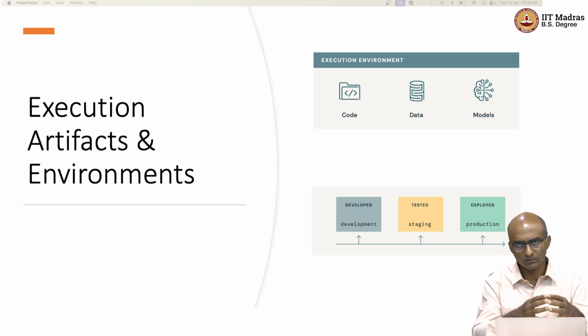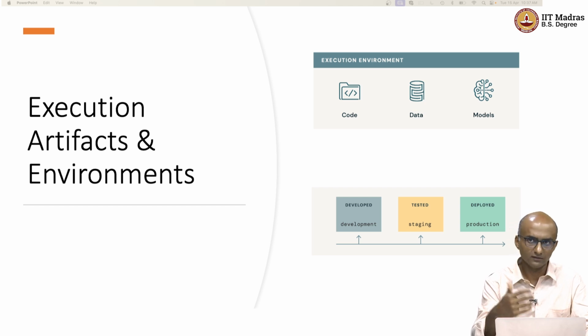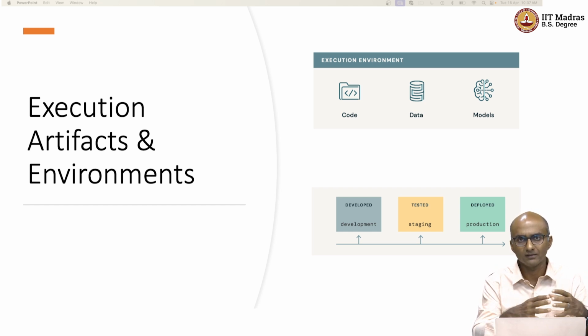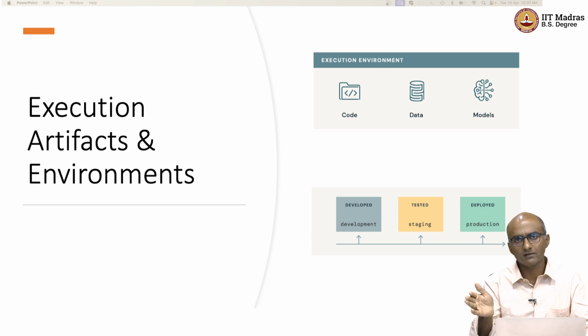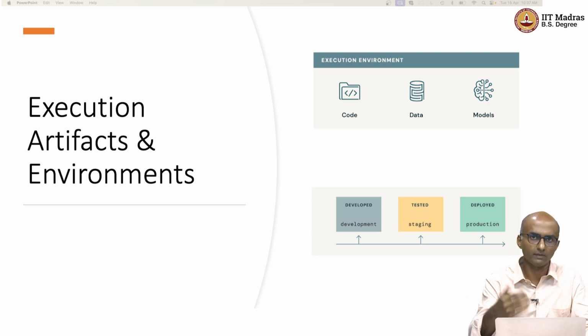So various scenarios are possible, but staging as an environment is where the validation against real world data happens. And once that's done, then it gets deployed into production. In production is when it's deemed to be deployed, which means it's the final version that's running live. So this distinction is something that is going to play a crucial role as you go through the development lifecycle and you adopt the best practices that we will be talking about.